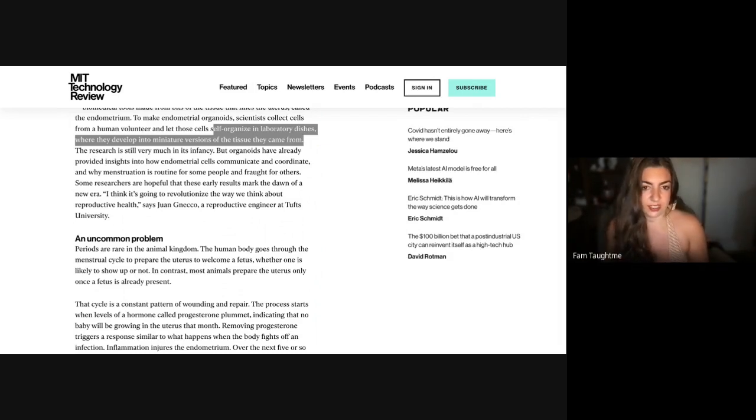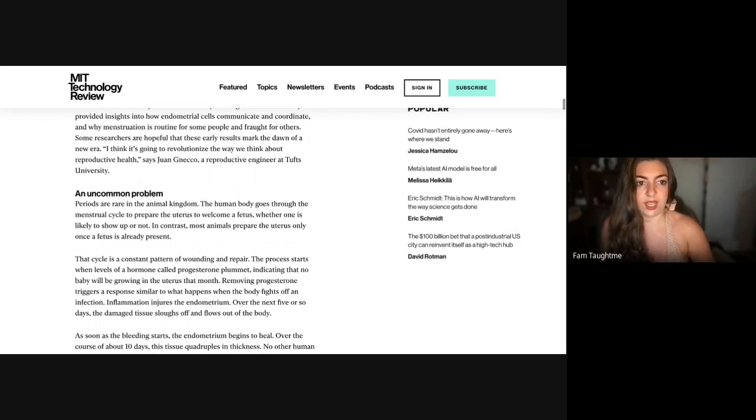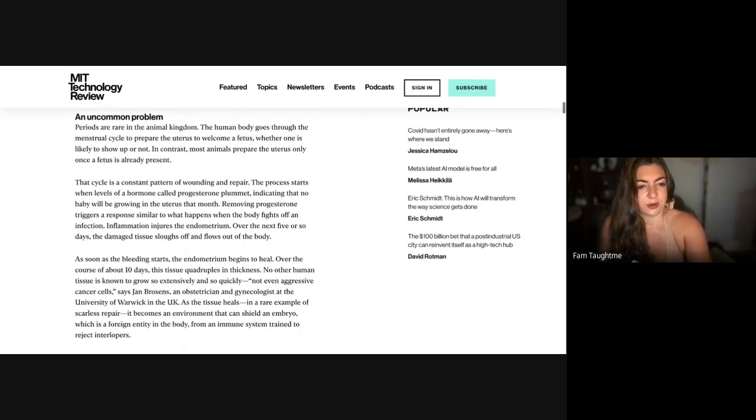The research is still in its infancy, but organoids have already provided insights into how endometrial cells communicate and coordinate, and why menstruation is routine for some people and fraught for others. Some researchers are hopeful that these early results mark the dawn of a new era. Okay, so then they're like, let's talk about the issues.